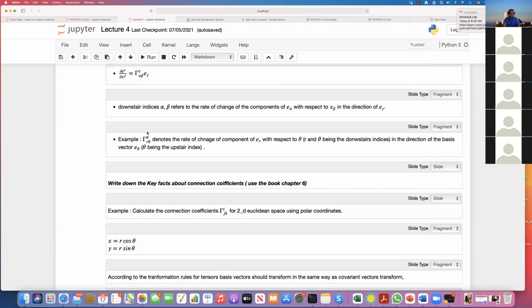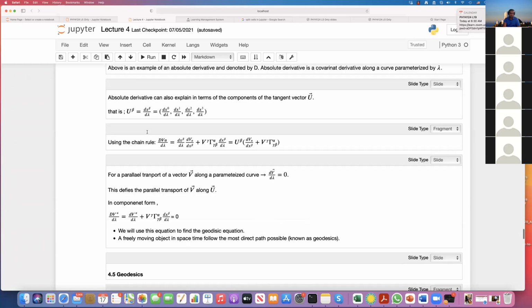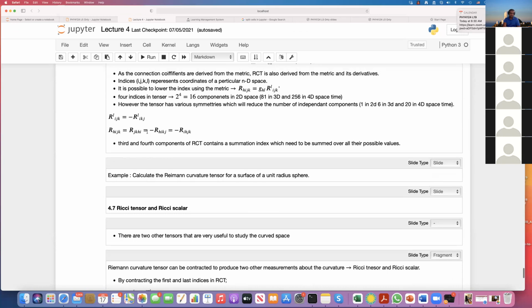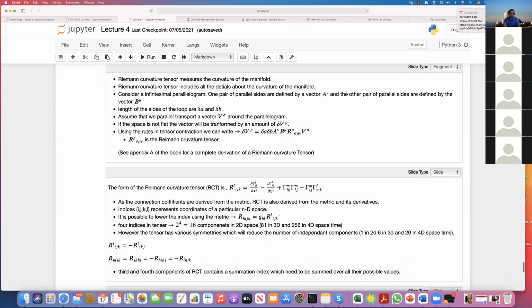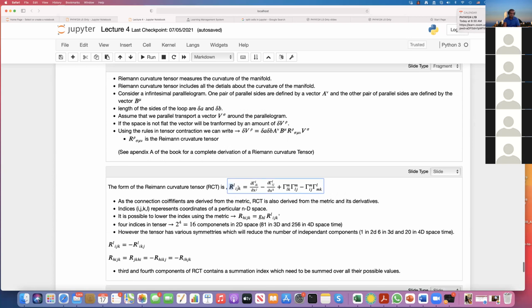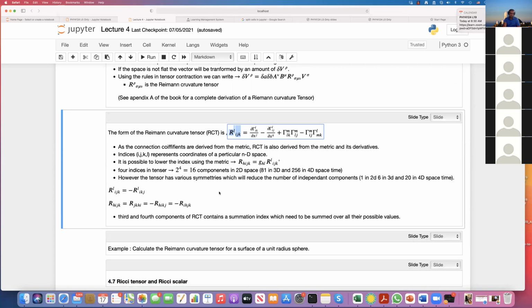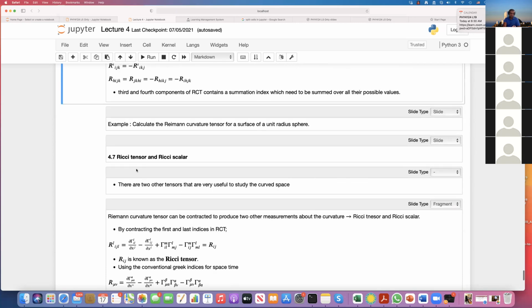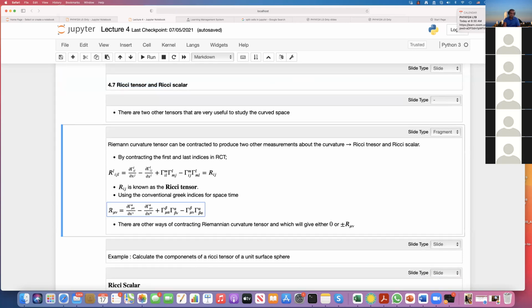So when we talk about the curvature, let me go back here to the previous note. Yes, this is the place where we talked about the Riemann curvature tensor, which is R l i j k, and we talked about its properties, and after that we contracted it to get the Ricci tensor and Ricci scalar, and the Ricci tensor is R mu nu, right?